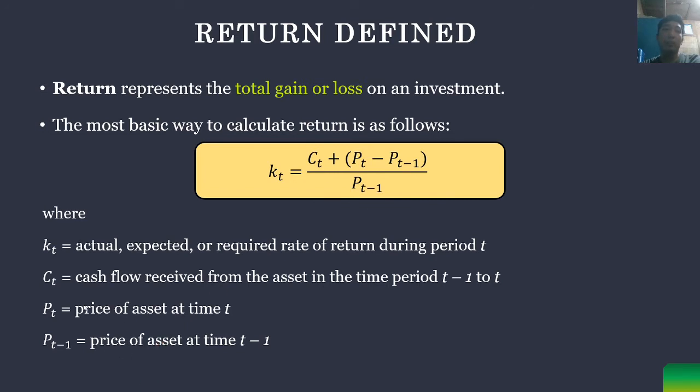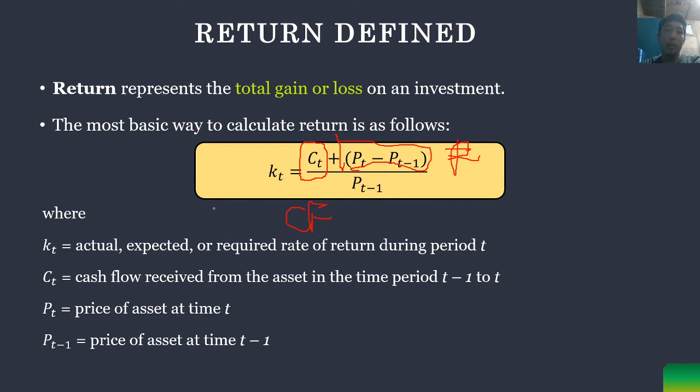Okay? So class, kung mapapansin nyo, meron palang dalawang aspect yung ating return. So number 1, ito talaga cash flow na na-receive, 'di ba? Cash flow. Okay? So ito naman class, yung change in price. Diba? Yan yung change in price. So for example, nag-i-invest ka sa stocks. Paano ka magka-calculate ng return doon sa investment mo in stocks?